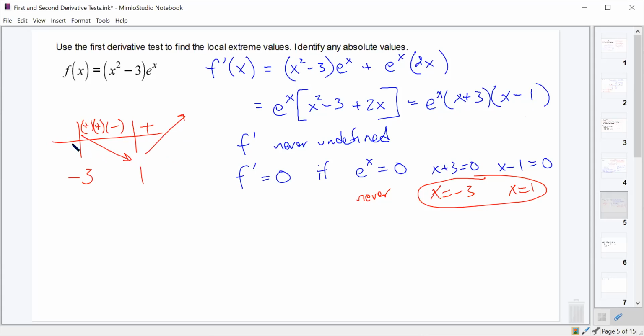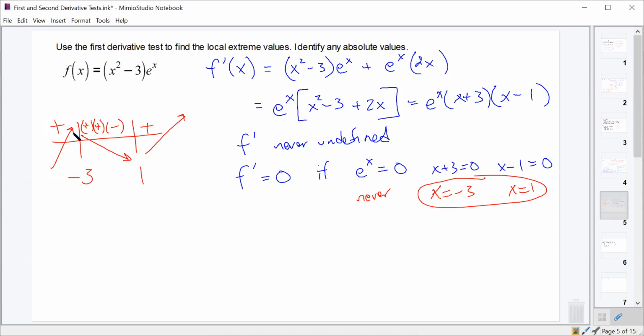And what about something less than negative 3? Something nice and easy, like negative a million. Now, e to the negative a million is just 1 over e to the million, right? Which is just a very, very small positive number, but still positive. So positive times negative should give us a positive.